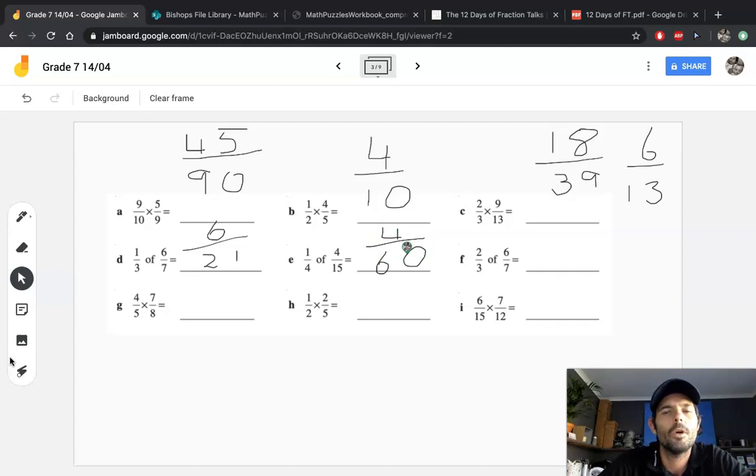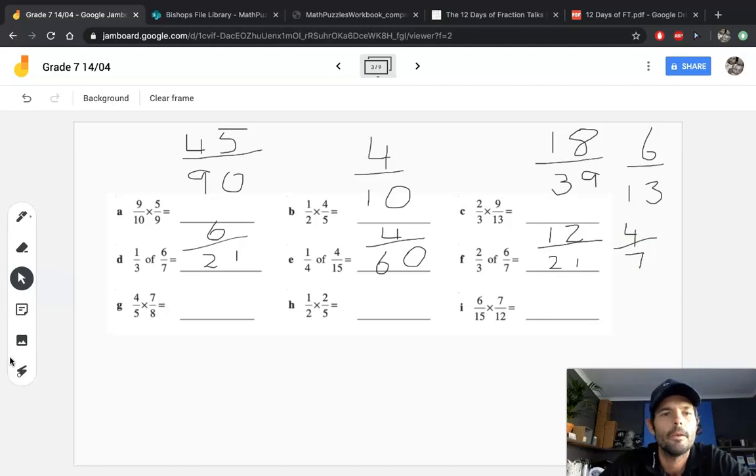And 4 goes into 4 once and into 60 15 times, so 1 over 15 is your answer. For F, 2 times 6 is 12, over 3 times 7 is 21, and again 3 goes into 12 4 times, and into 21 7 times.